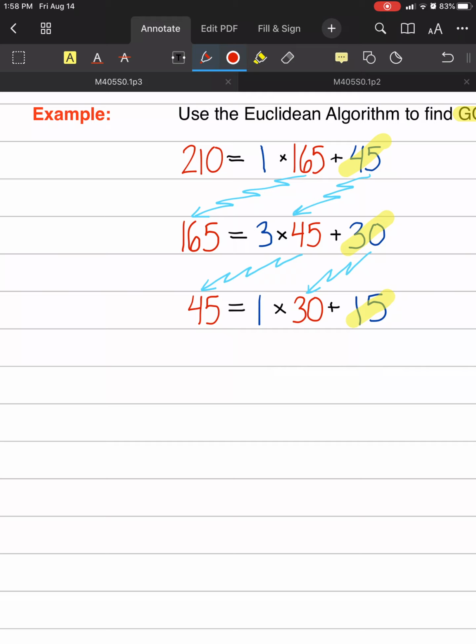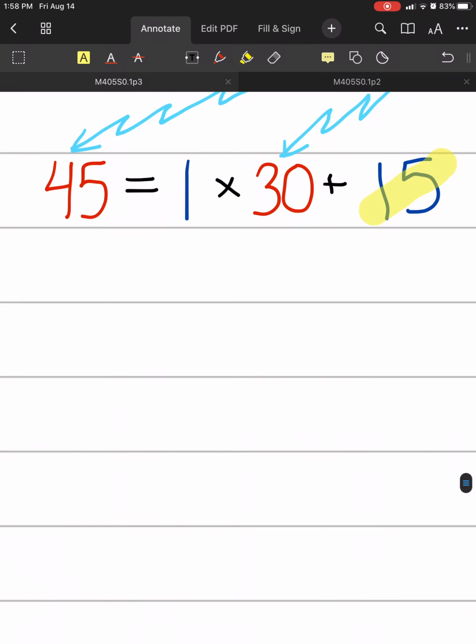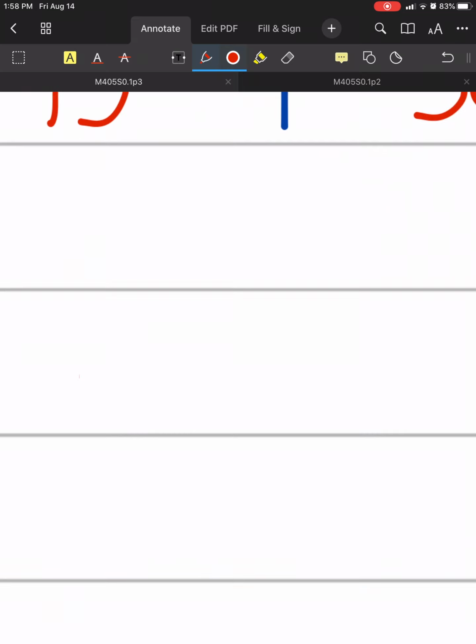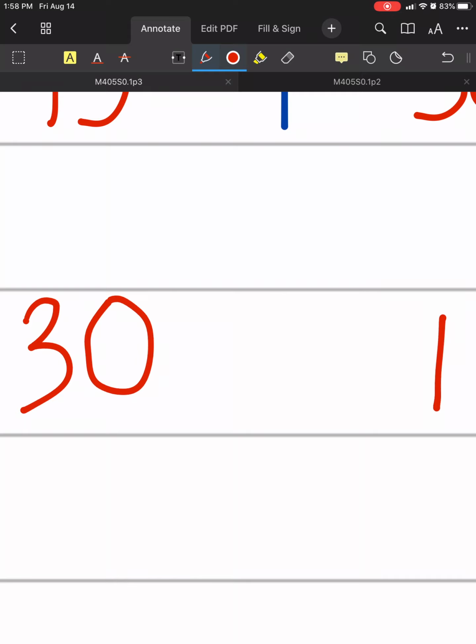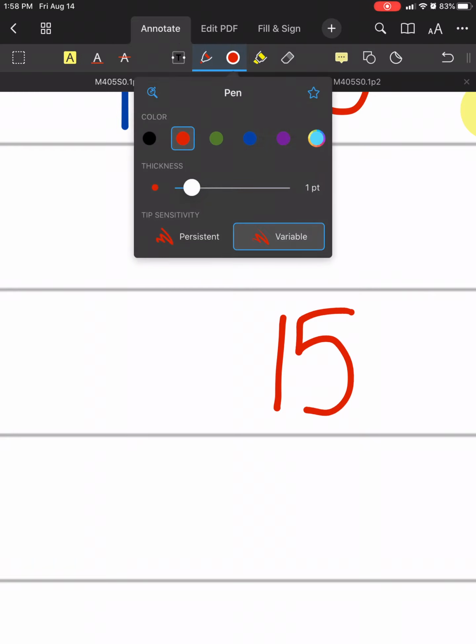Okay, if everybody's back, let's go down here to the next step, and what turns out to be the final step. Hang on. So this is 30. This is 15. Let's put in our symbols.